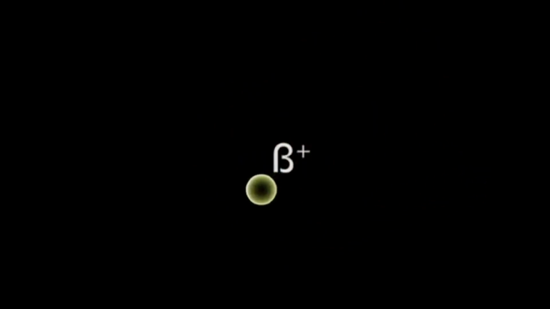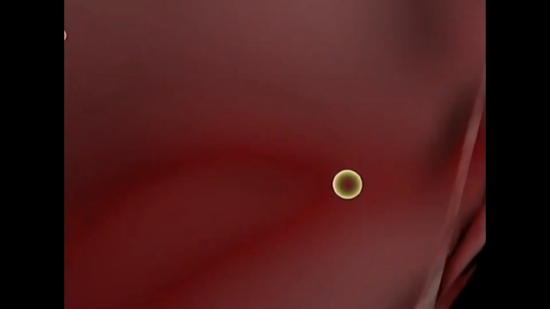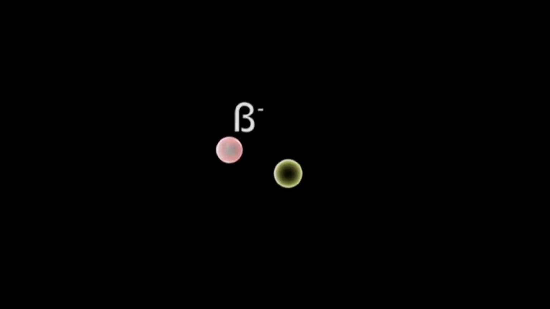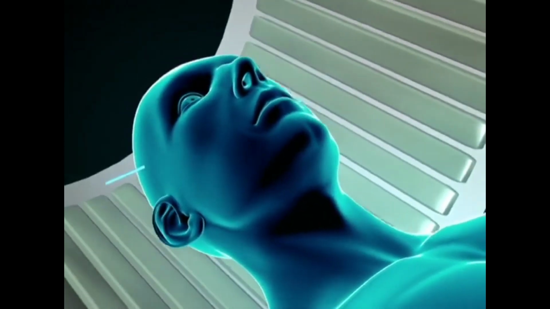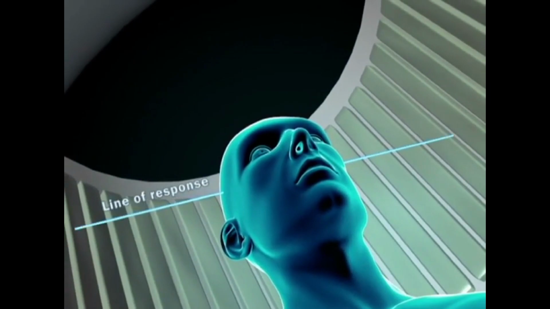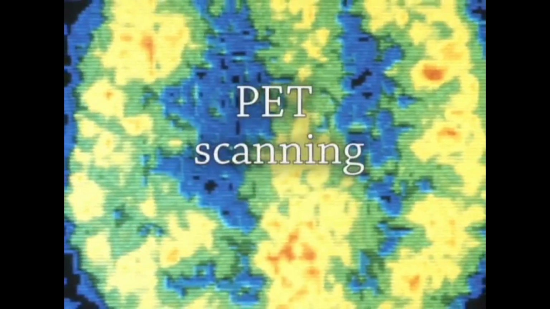The positron emitted during the isotope's decay travels a short distance before encountering electrons within the body. Upon collision, the positrons annihilate the electrons, producing a pair of gamma rays that move in opposite directions. Sensitive detectors placed around the patient's body can capture these gamma rays, allowing the creation of detailed images showing the distribution of the radioactive tracers.